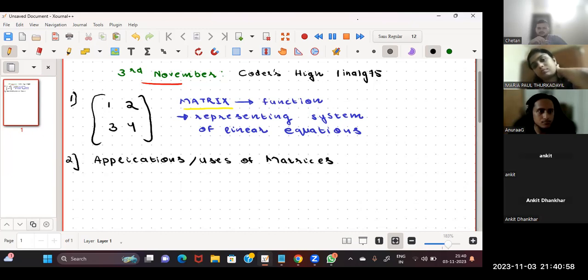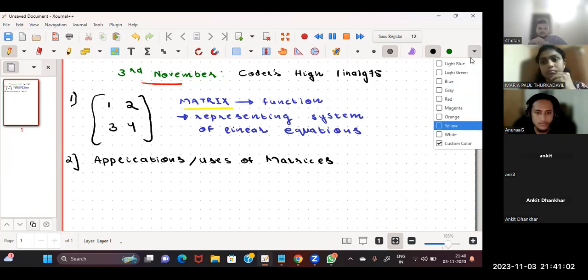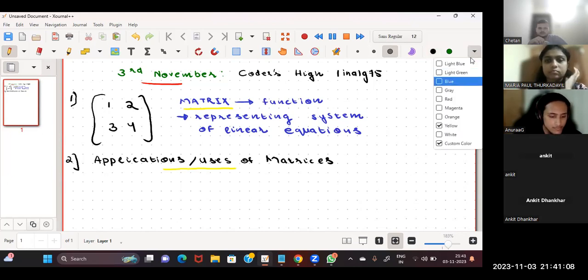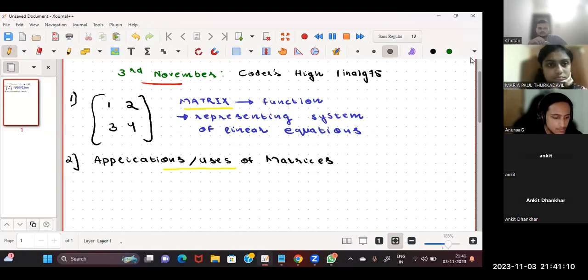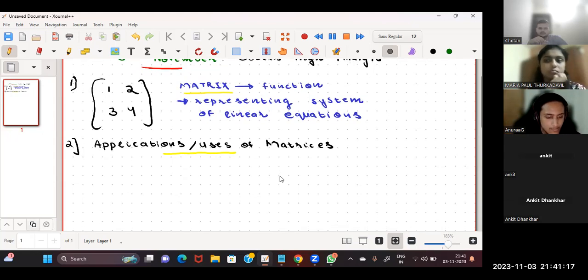Anyone? Image processing, correct. That's one application of matrices. Another answer. Projections of what? Himanshu, you'll have to be a little more elaborate with your answers.